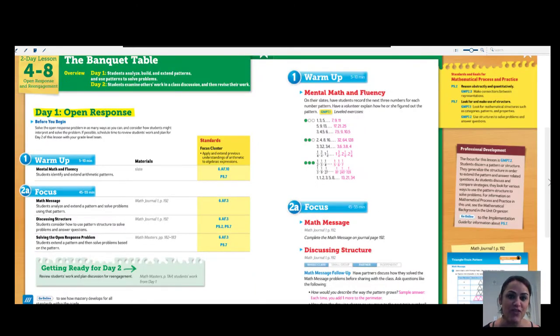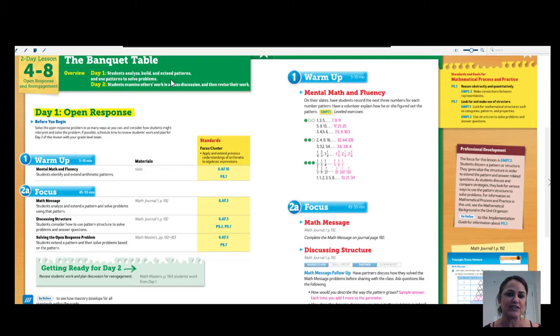Now, one of the cool things about working and teaching with Everyday Mathematics is the way that it helps students become thinkers. And so I wanted to highlight the flow of the lesson looking at an activity called the Banquet Table. And what you're going to notice is that students are really working on this idea of analysis of patterns and how to find out what would come next.